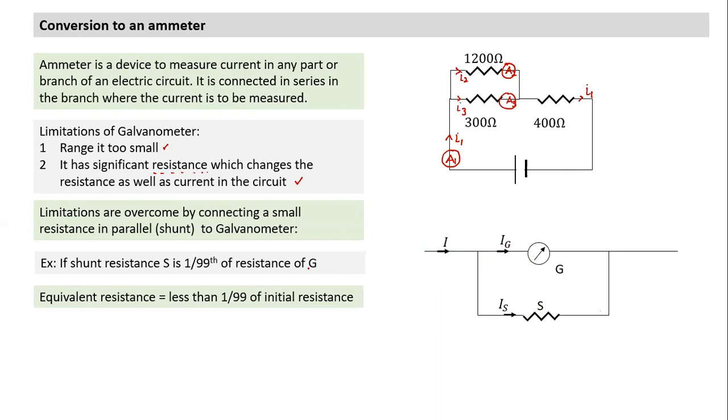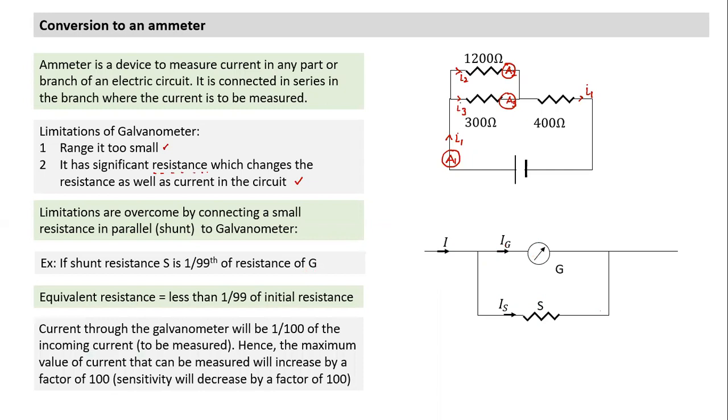We can calculate that also as G divided by S plus G. The resistance becomes much less. Second thing, what happened to the current through the galvanometer? If the ratio is 1:99, and I is the current, what is the current Is? Current will be inversely proportional to resistance, so Is will be equal to G divided by S plus G into I. How much will that come to? 99 by 100.